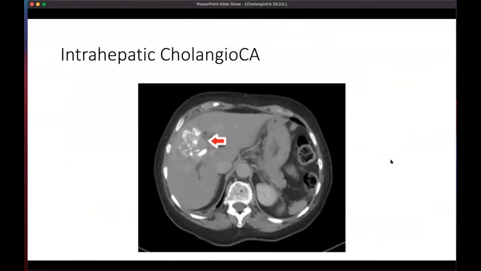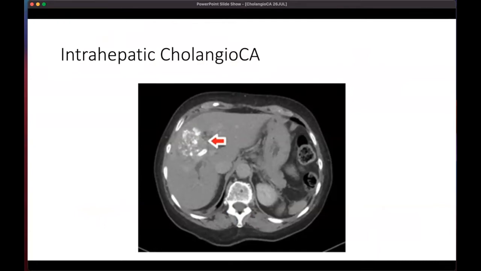All right, so what does an intrahepatic cholangio look like? It looks like an adenocarcinoma of the liver. This has calcifications. This is not actually the best picture. I couldn't find a great picture, but it doesn't look like a hepatocellular carcinoma, but it has some enhancement.